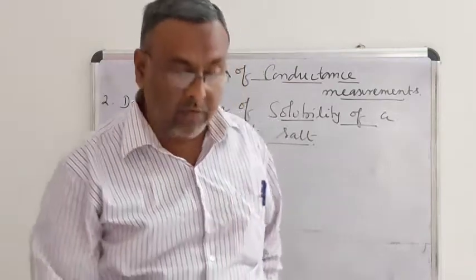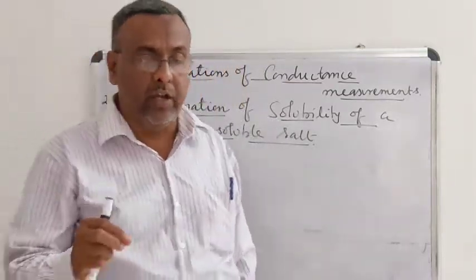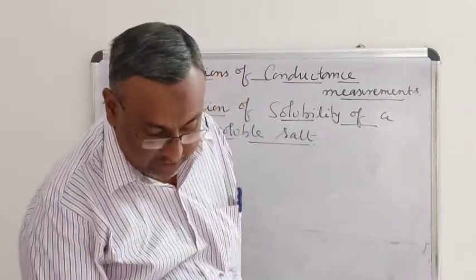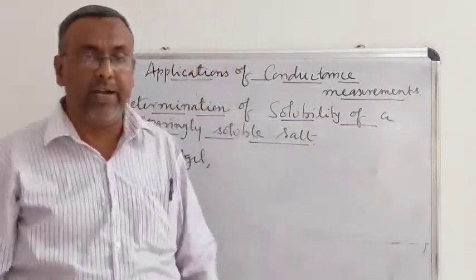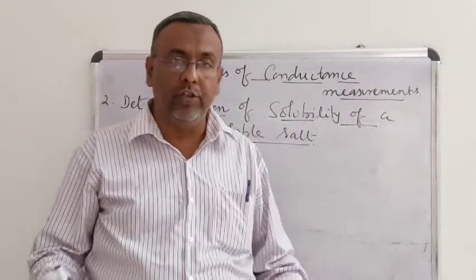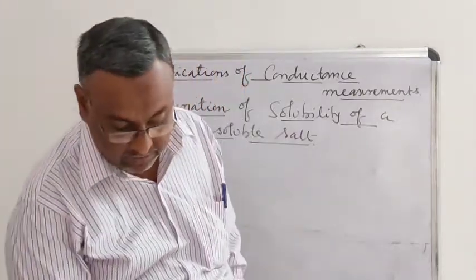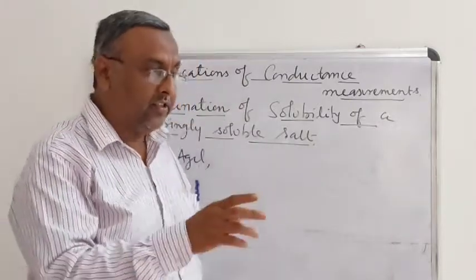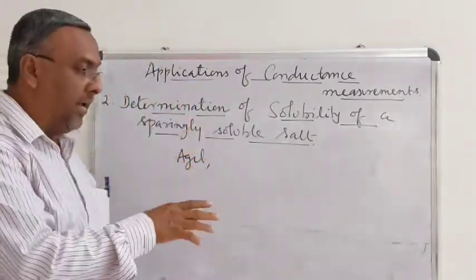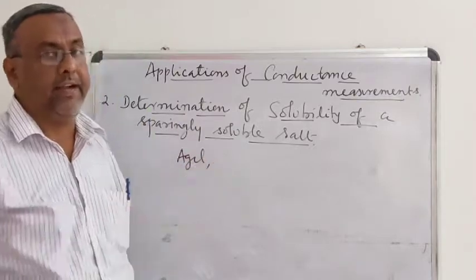If you want to find out the solubility at a temperature of 25 degrees centigrade, the salt is repeatedly washed first to remove all the soluble impurities, then suspended in water at 25 degrees centigrade.